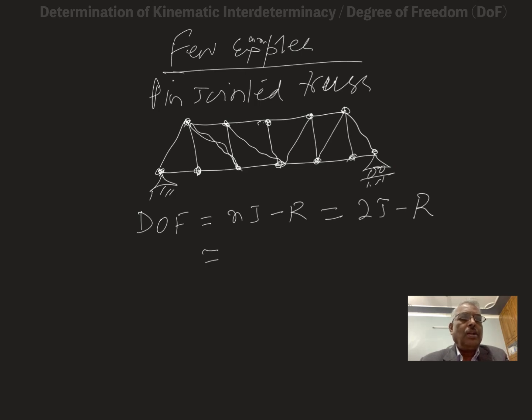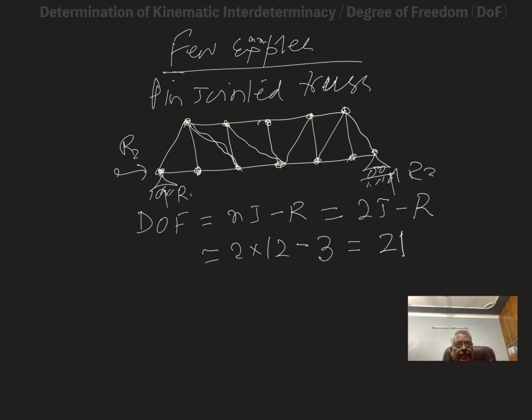So there are 12 joints. How many reactions? There are 3: 2 here and 1 here, R1, R2 and R3. So we will subtract it. So the total degree of freedom is 21.